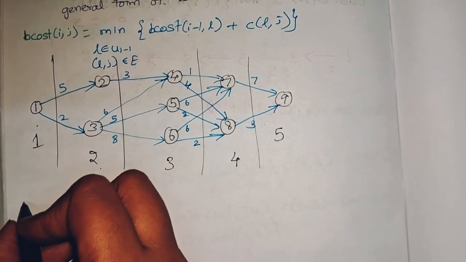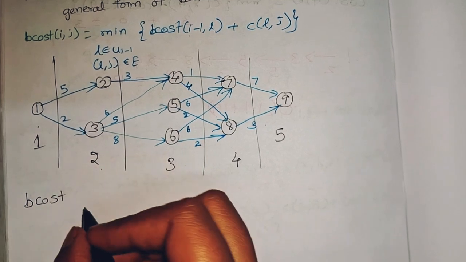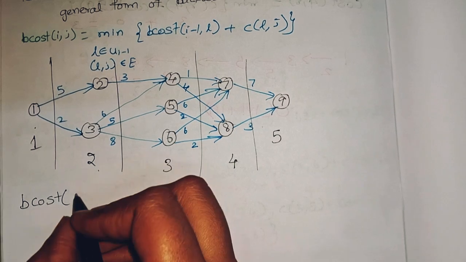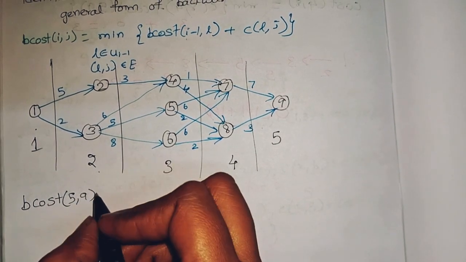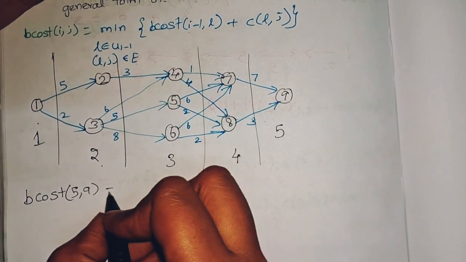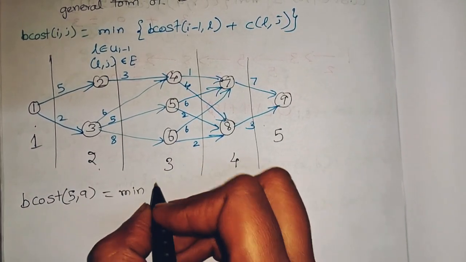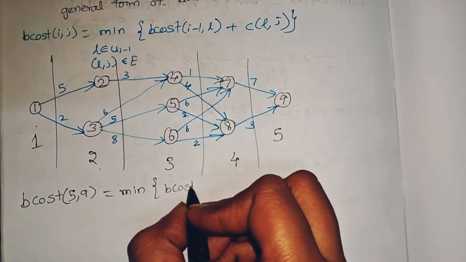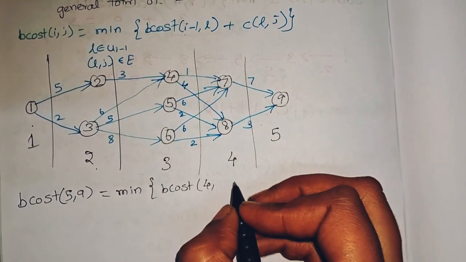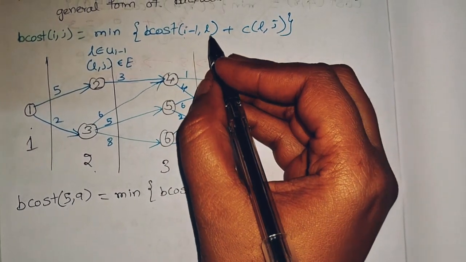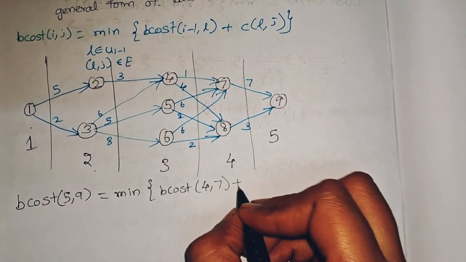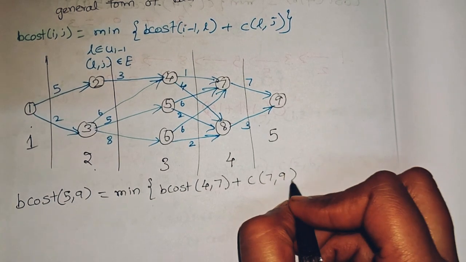Now let's see how we form this formula. First we need to find the destination node here at stage 5, so b cost of 5 comma 9 equals the minimum of b cost of, so what is the i value here? 5 minus 1, that is 4 comma, and the l value is the next stage value, so 4 comma 7 plus c of 7 comma 9.